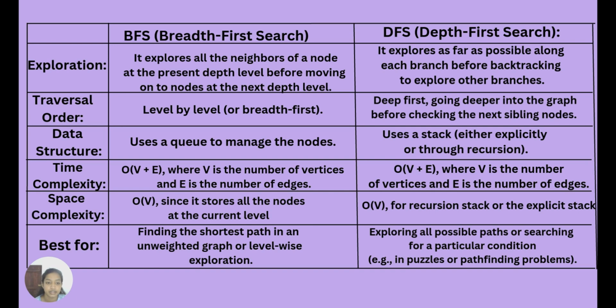Breadth first search is best for finding the shortest path in an unweighted graph or level-wise exploration. Depth first search is best for exploring all possible paths or searching for particular conditions.